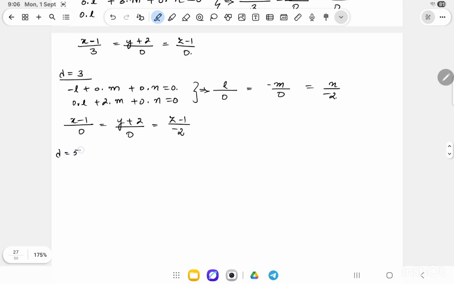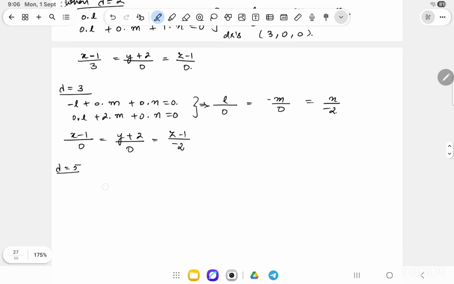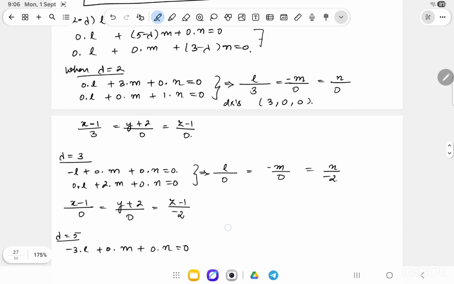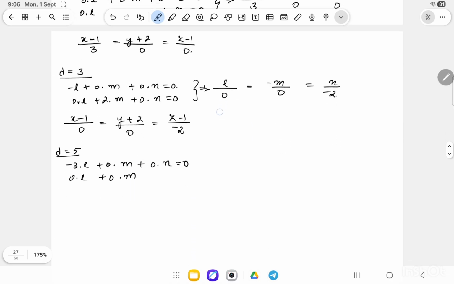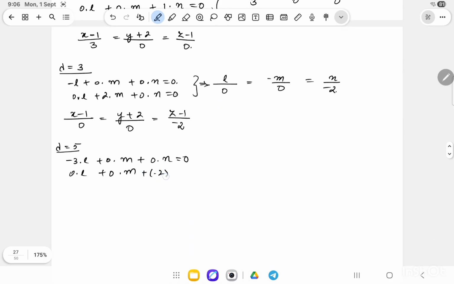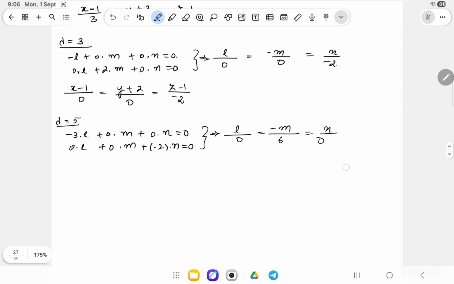Likewise, for lambda is equals to 5, it will be minus 3L plus 0M plus 0N is equals to 0 and 0L plus 0M minus 2 into N is equals to 0. So if I solve it for L, M and N, I'll be getting 0, minus M upon 6 and N upon 0.